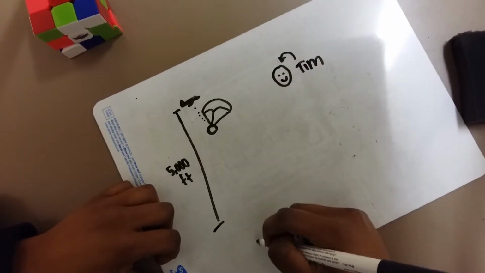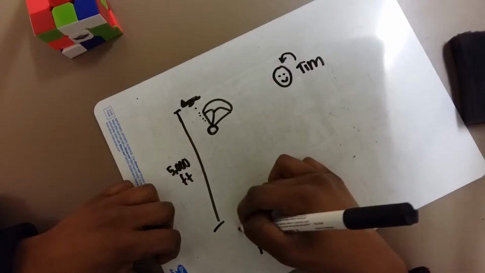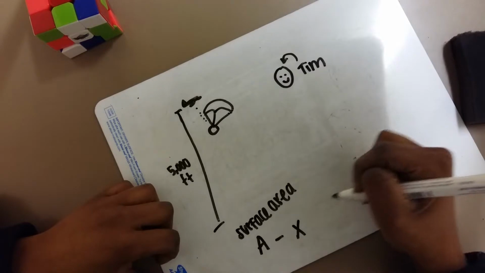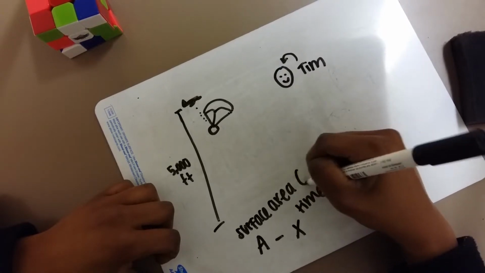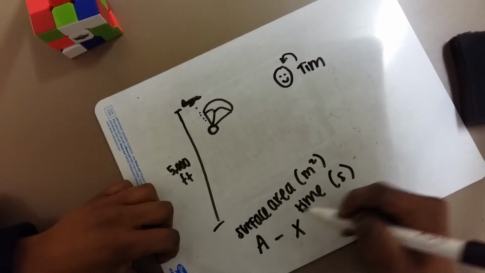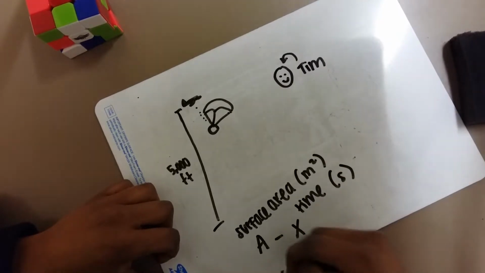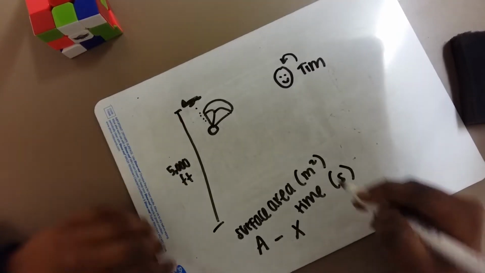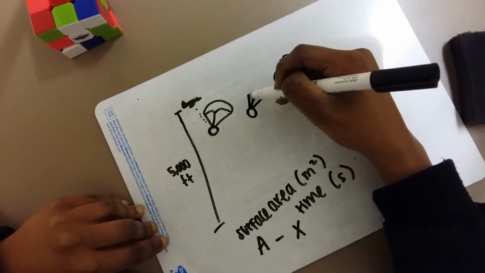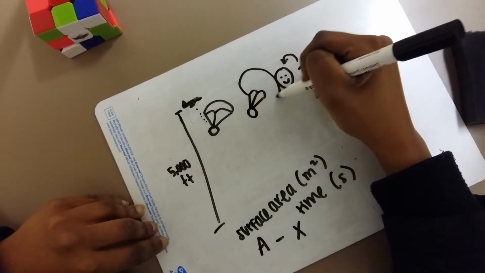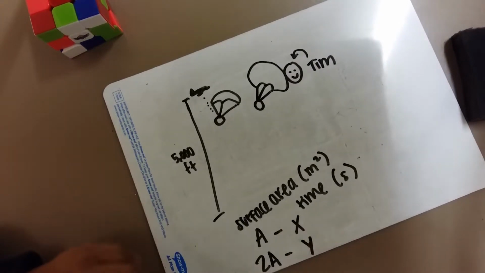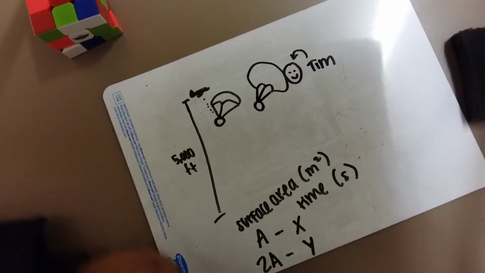This is our chart: A is the surface area, in meters squared, and then time in seconds. Now the second time we do it, Tim has a parachute with a surface area of 2A. So it's just double the surface area. And we get Y for the amount of time that it takes for him to fall 5,000 feet.